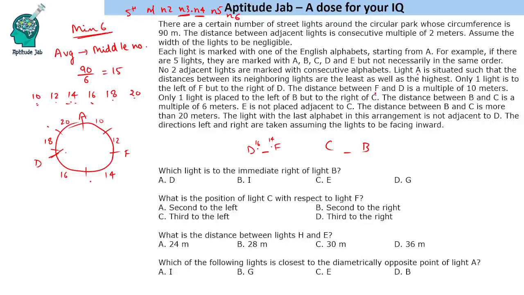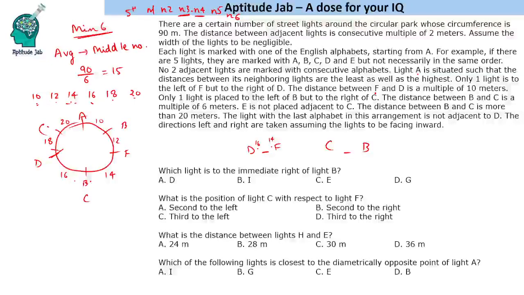If you put C and B here, the distance is 34. If you put C and B here, the distance is 26. So this does not satisfy the condition, and that is why we will reject this case.